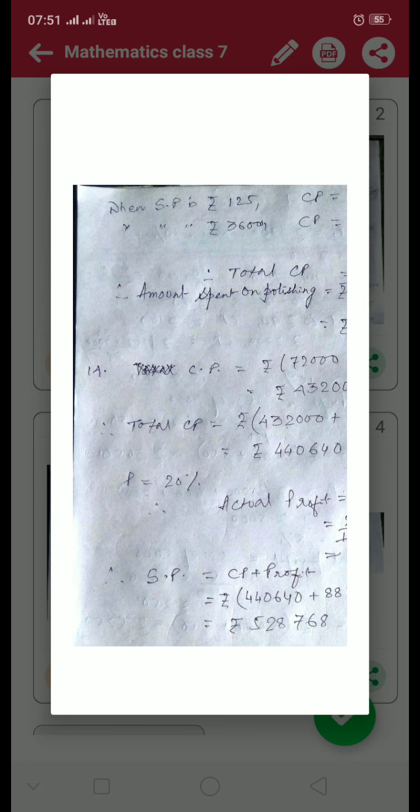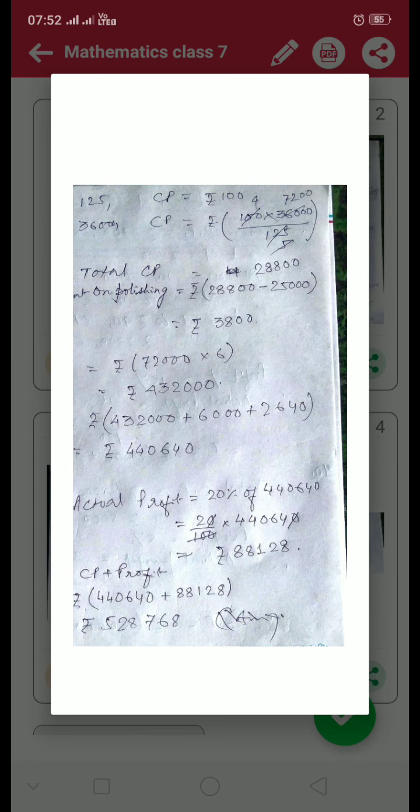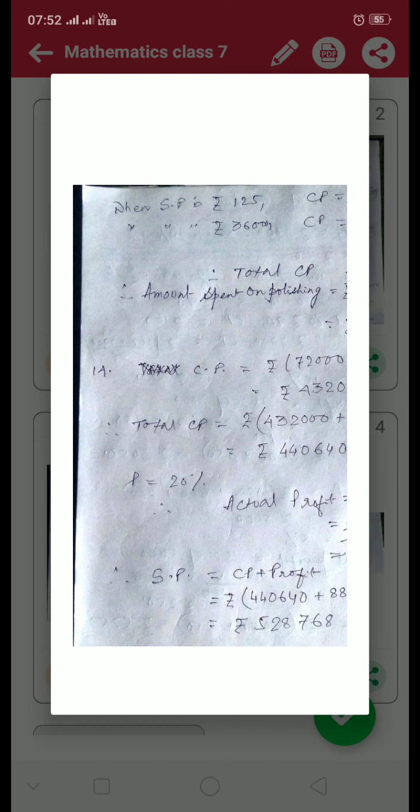Profit is 20%. So actual profit will be 20% of 440640, and this will give rupees 88,128.